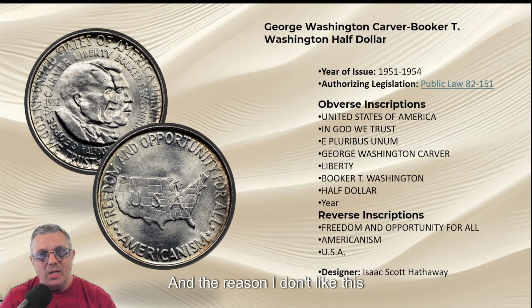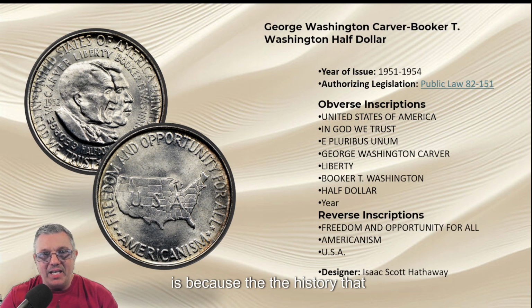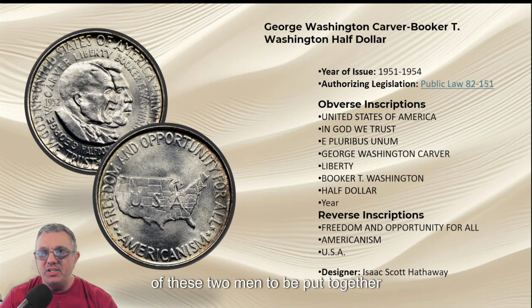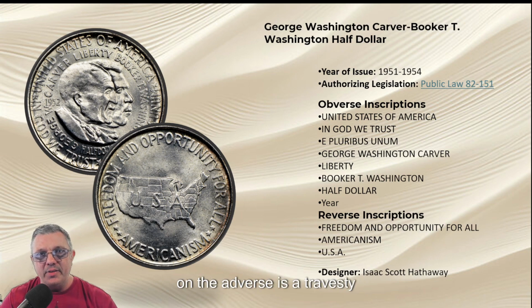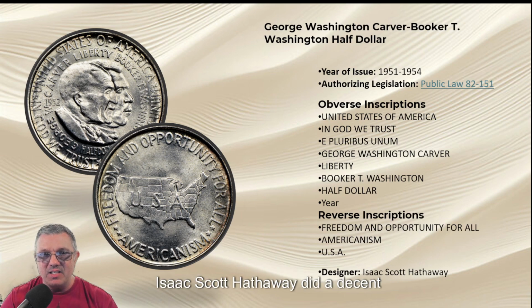And the reason I don't like this is because the history that these two men generated, the relevant nature, the historical significance of these two men to be put together in such a washed out version on the obverse is a travesty. The reverse looks like something that was just kind of thrown together. This coin could have been so much better. And while Isaac Scott Hathaway did a decent job on this, I am not a fan of this coin.